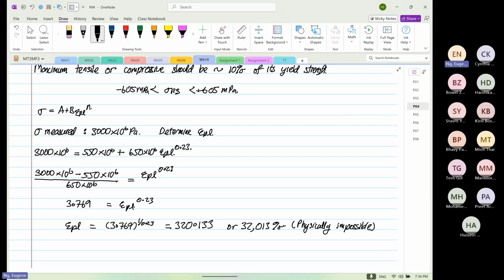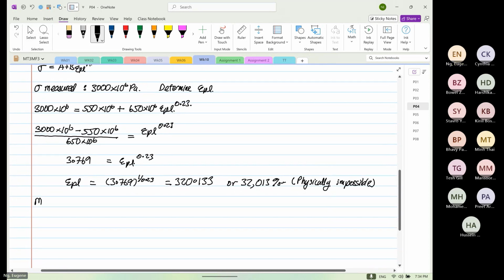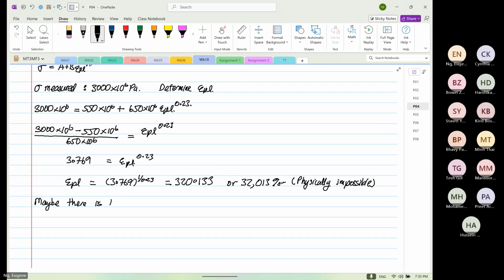Then some smart guy said maybe there is martensite formation. I went away. I looked for the mechanical properties of martensite. Still no money paid yet.